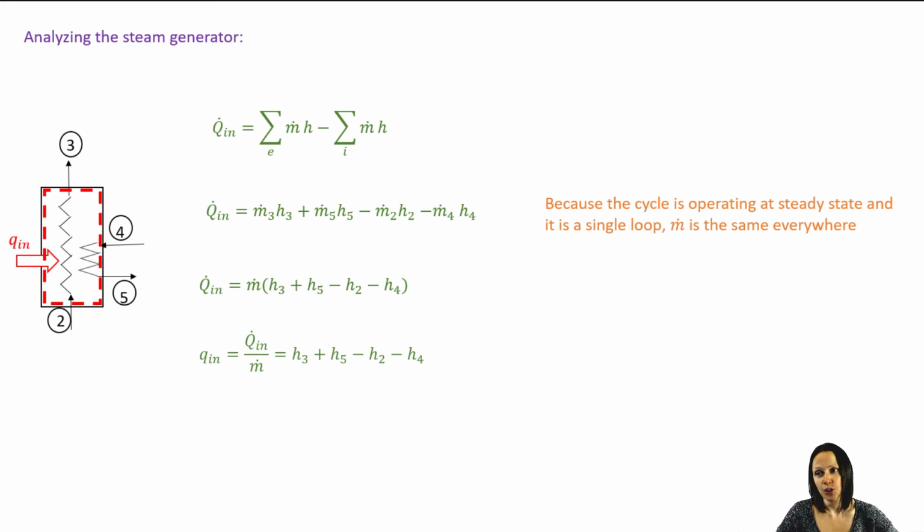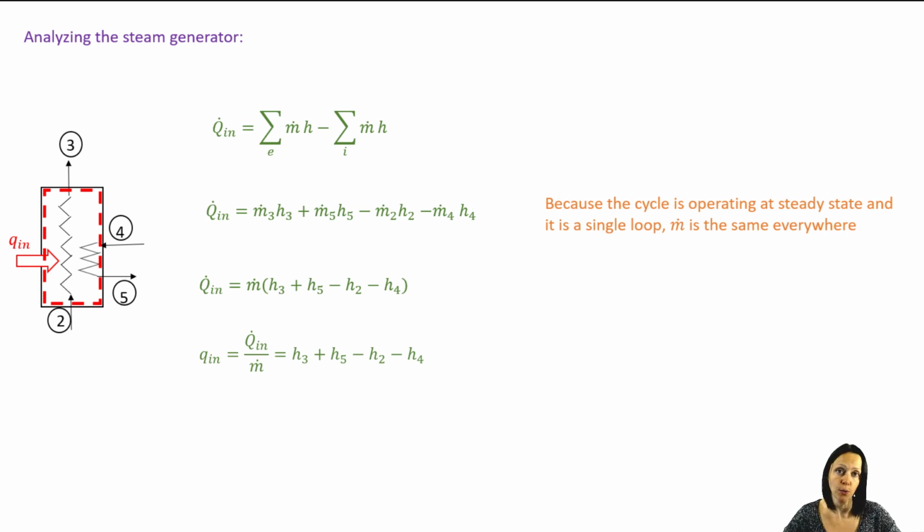One thing to note with a Rankine cycle with reheat is that within that steam generator, I've got steam from 2 to 3 and 4 to 5, both using that Q in, and I have to account for that.